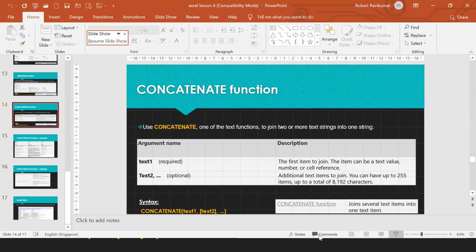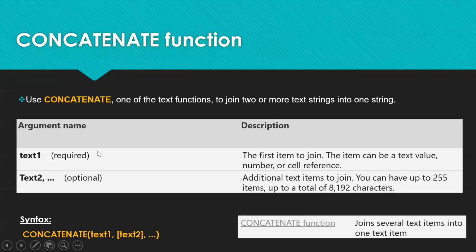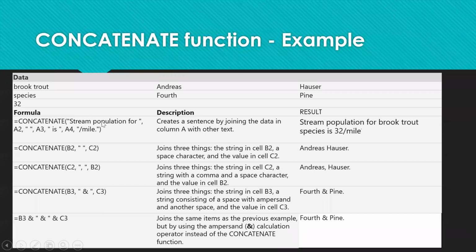So let's say now we try to concatenate only two columns. Maybe we can add even two or more columns also. We just saw these examples. Concatenate stream population for A3, something they have given. The data is brook trout, species 4th pine, 32 something.